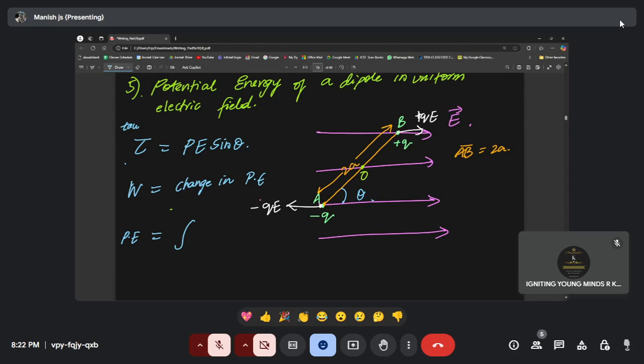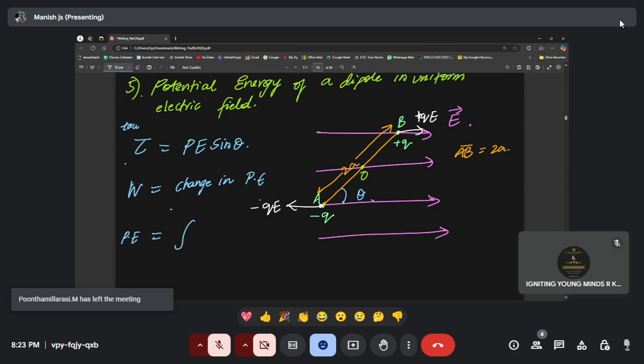Don't you think as it rotates, the angle theta is going to change? Yes, of course it will change. So we express theta as our integrating factor, because that is what is changing here. The electric dipole moment P is constant and the electric field is constant, not affected. When the dipole begins to rotate, only the angle theta is going to change.